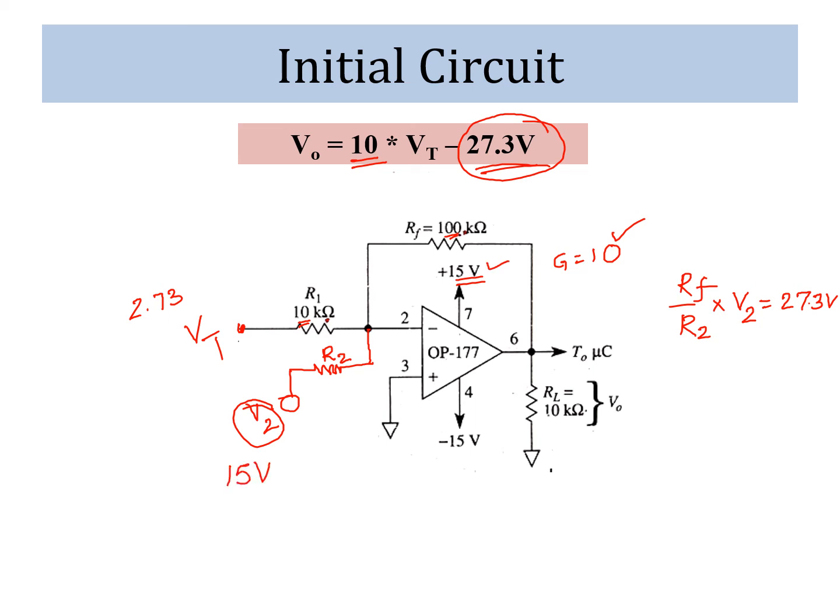So if I know RF is already 100 kilo ohm, and V2 is 15 volts, now I can calculate the value of R2 such that the final combination gives me 27.3 volts. Let's see the complete circuit, and we will also see how to convert these two voltages to different signs, that is, this should be positive and this should be negative.